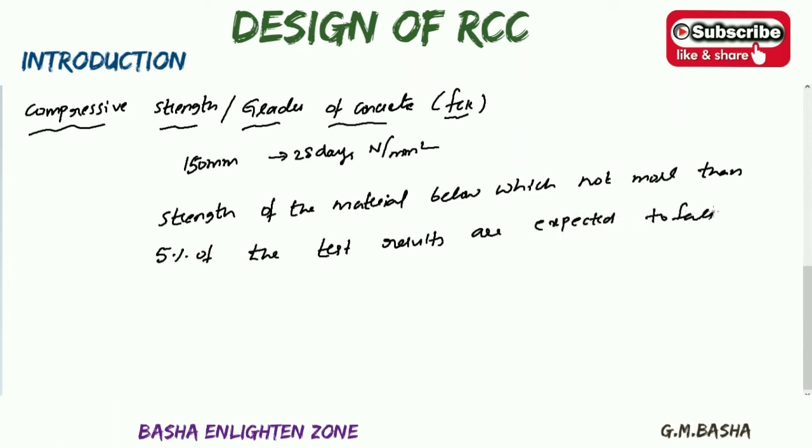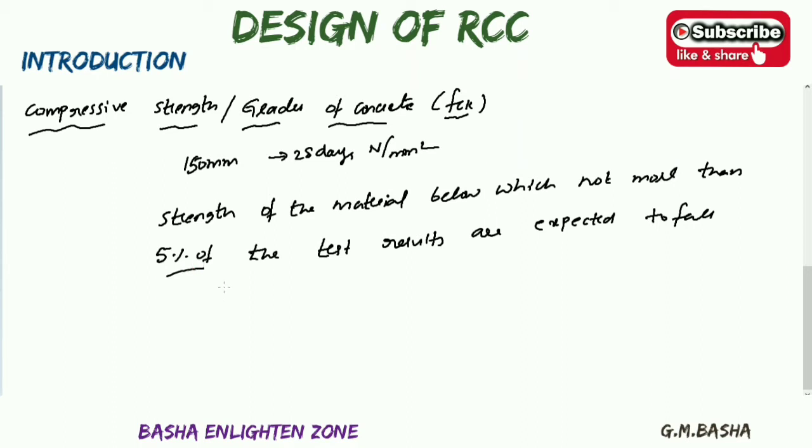See here, what is compressive strength of the concrete? It will be denoted with FCK, means characteristic compressive strength of the concrete of 150 mm cubes at the age of 28 days in Newton per mm square. Means the characteristic strength is defined as the strength of the material below which not more than 5% of the test results are expected to fall.